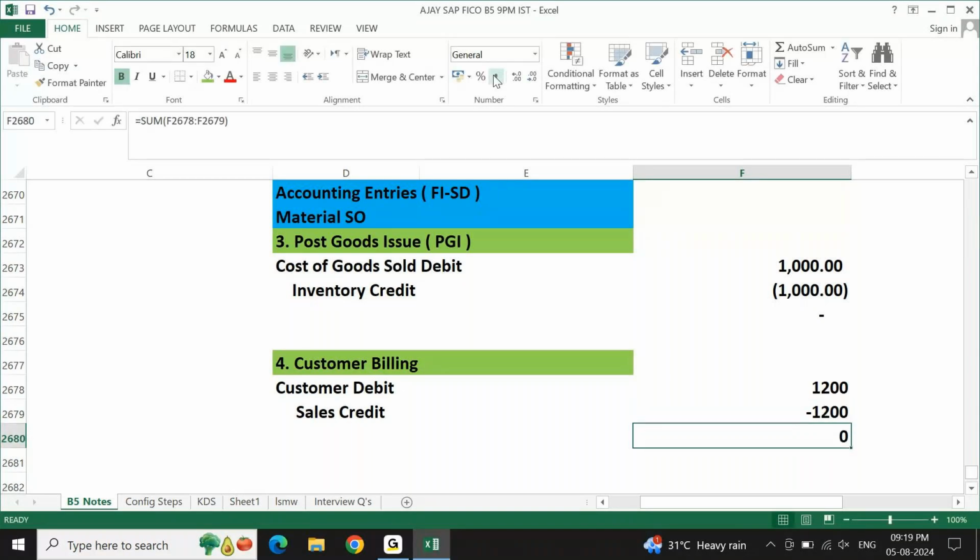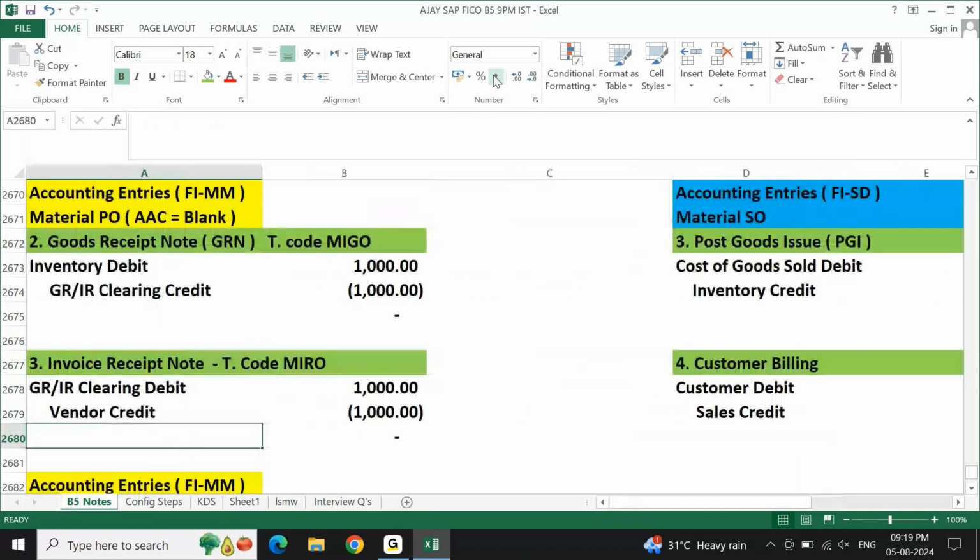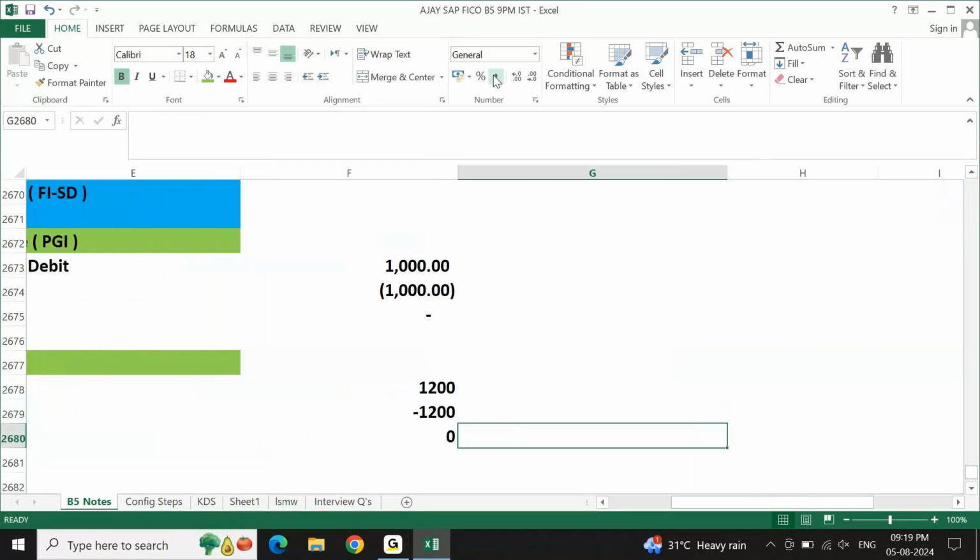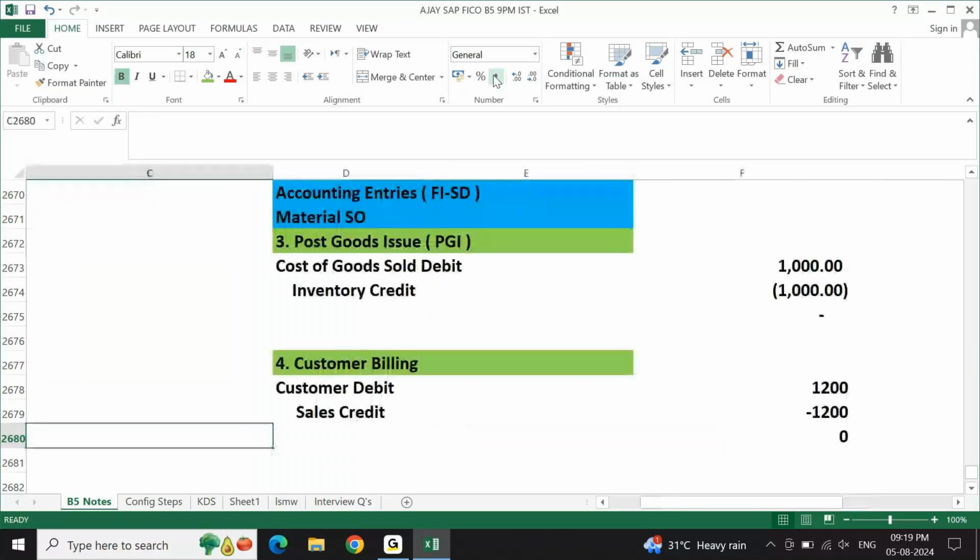Why my PGI billing is different here, and if you look at it, why my GRN invoice is the same here. There is a logic here which I'll explain in the upcoming sessions. But at this moment, remember, your PGI document and your billing document are not supposed to be at the same value. They are supposed to be at a different value. PGI is at a lower value, invoice is at a higher value.